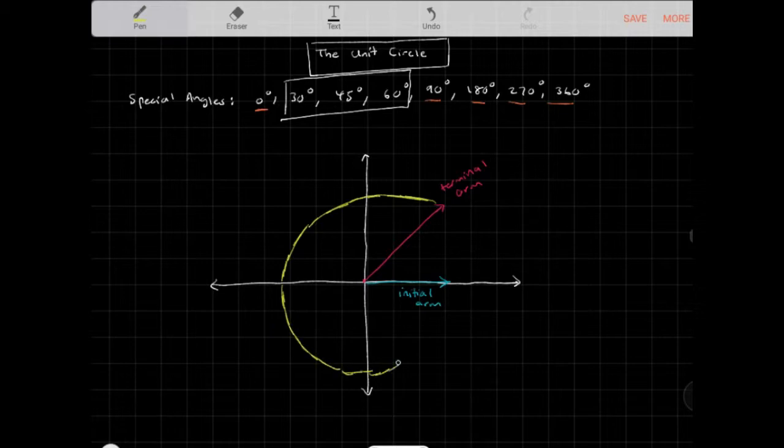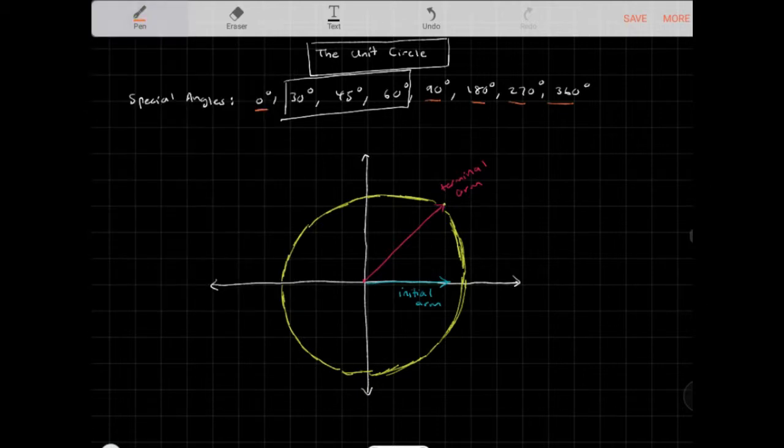Just don't mind my circle drawing abilities here, but assume that this is a circle. So a full rotation of the initial arm, the terminal arm, would give us a circle, right?